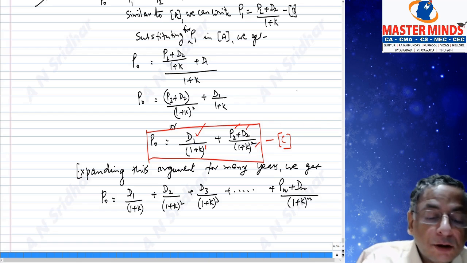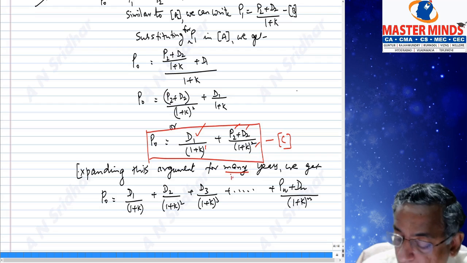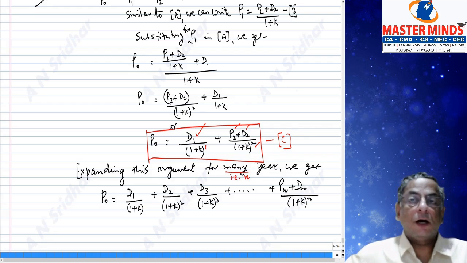So for many years, that is n years, we are getting this full equation now.